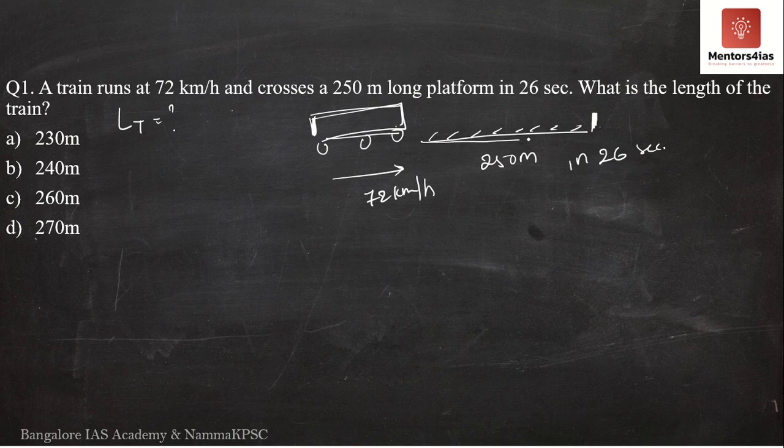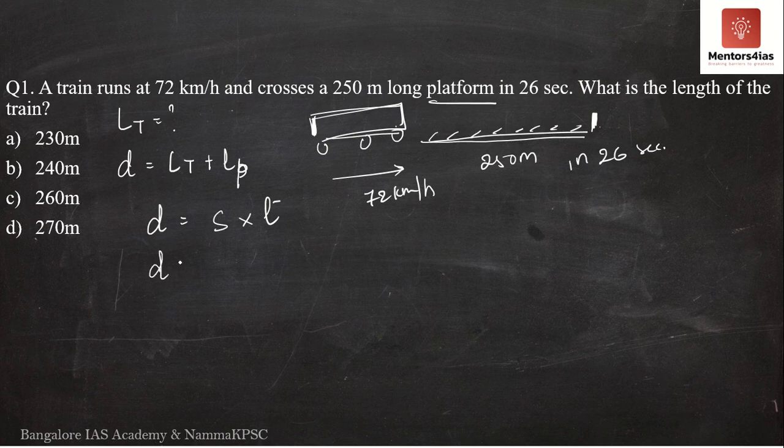It is nothing but the length of the bridge, or the platform, and the length of the train. Therefore, distance is equal to speed into time, and here distance will be equal to length of the train plus length of the platform, where we know the length of the platform to be 250 meters.